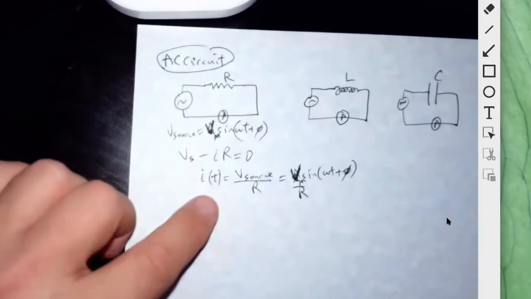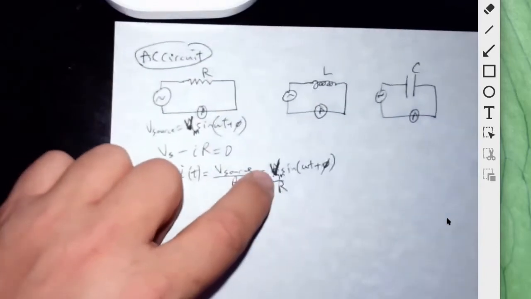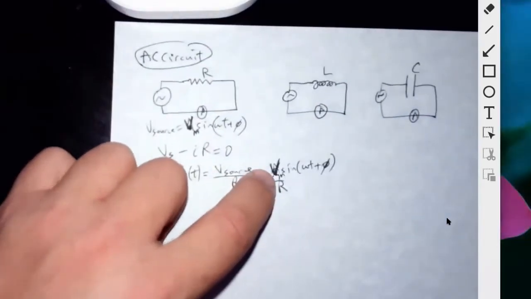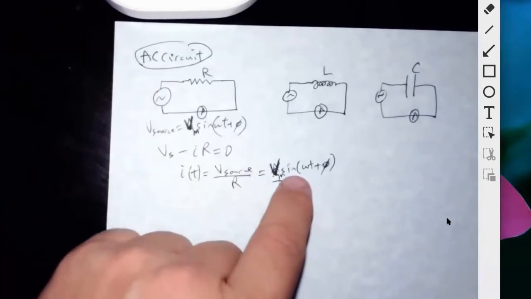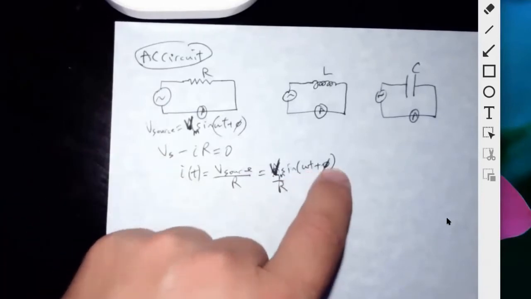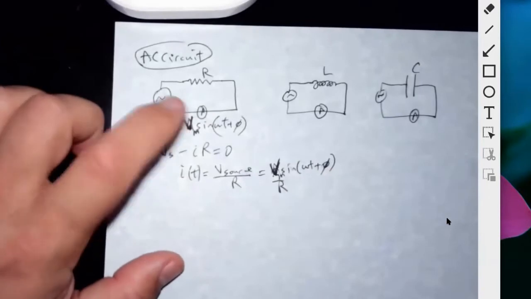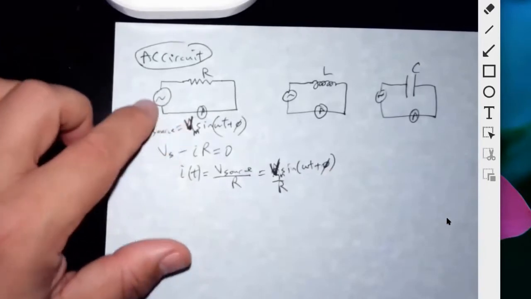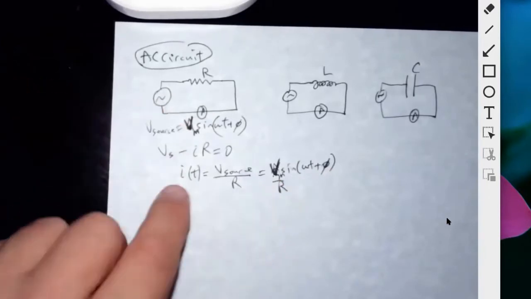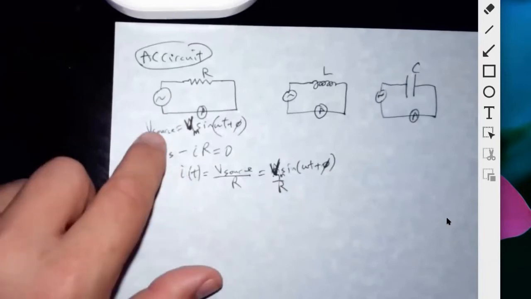So the current is going to be simply the maximum voltage divided by R times sine of omega t plus phi. What we say to that is that the current in the circuit is in phase with the voltage of the source.